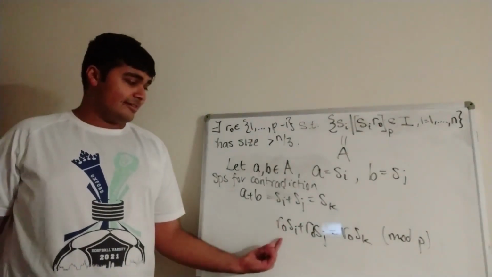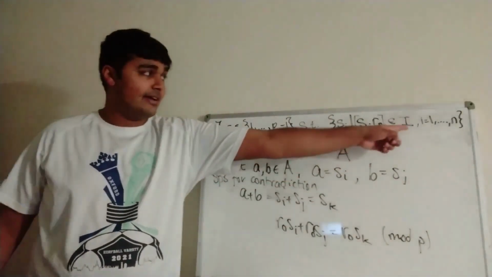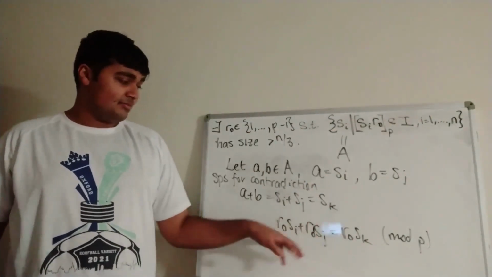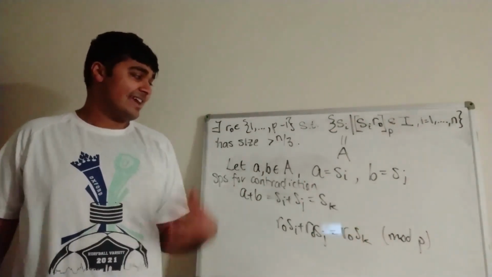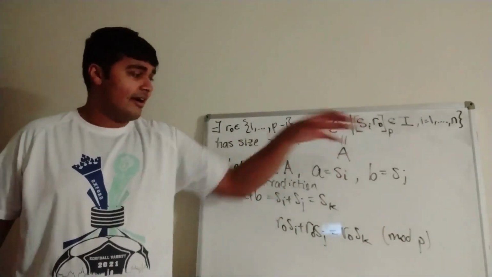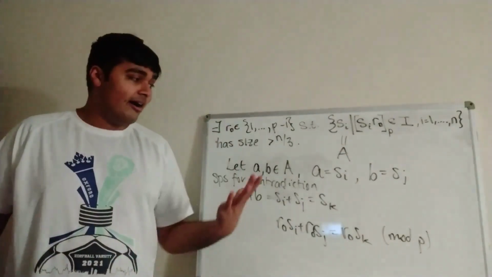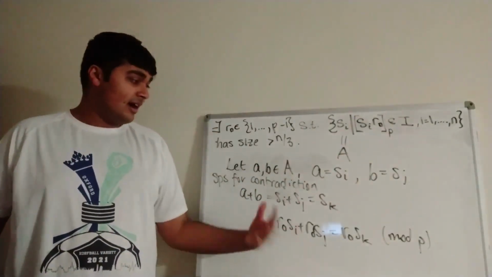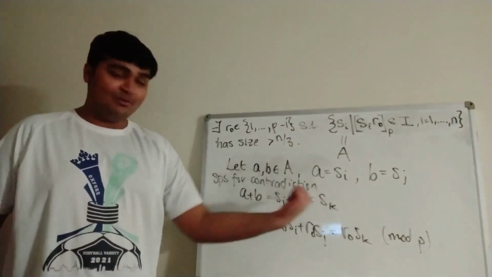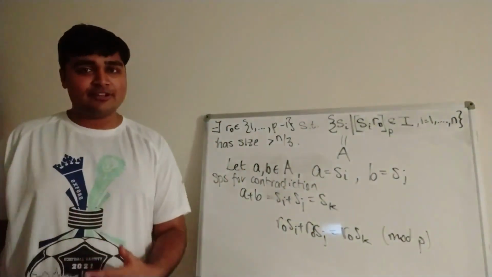Now, r0 si is in I. r0 times sj, that's also going to be in I. And essentially because si, sj, and sk are all in A, then r0 times each of them are going to be in I. But we showed earlier at the start that I was a sum-free set mod p. So in fact this is impossible, because we've already shown that I is a sum-free set mod p.